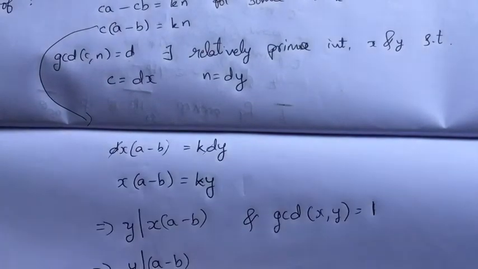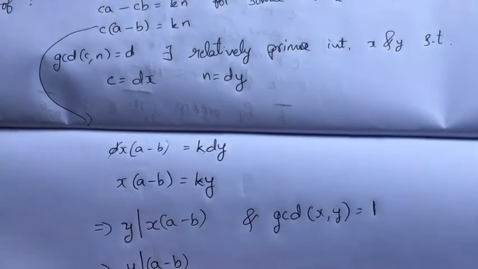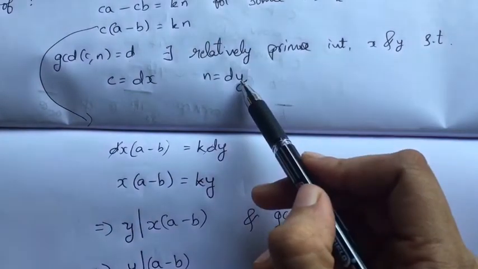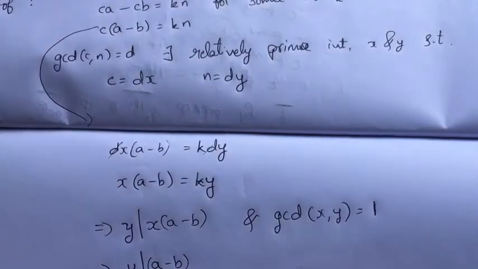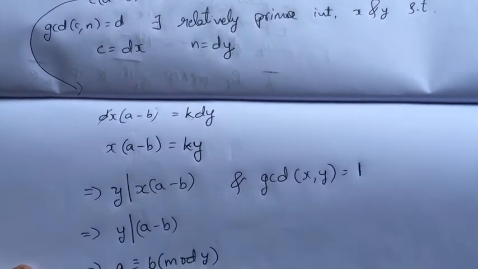So y divides A minus B, which implies A is congruent to B mod y. What is y? y is nothing but n by d. Therefore, I can write A is congruent to B mod n by d. Hence the proof.